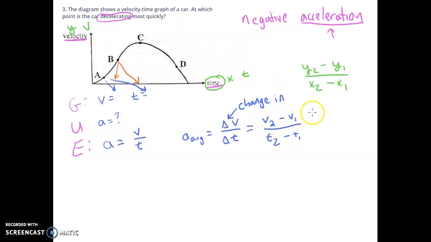So this is slope. It's the slope of this curve. Instead of y, I have v. Instead of x, I have t. So instead of having y2 minus y1 over x2 minus x1, which we know is our definition of slope, we have v2 minus v1 divided by t2 minus t1.